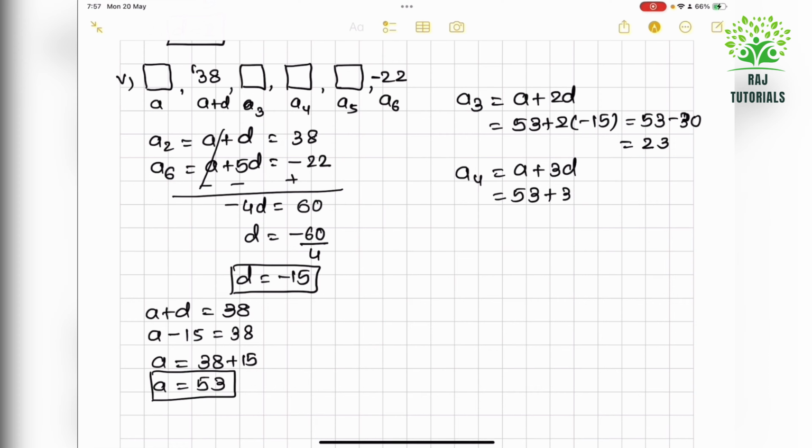So 53 plus 3 into minus 15. 53 minus 45. So that is 8. And A5, A plus 4D. 53 plus 4 into minus 15. Minus 7.